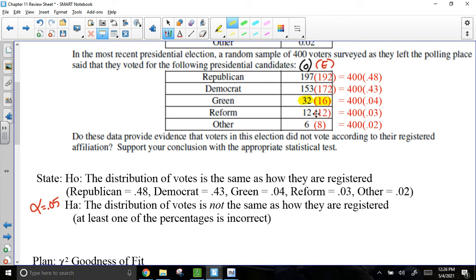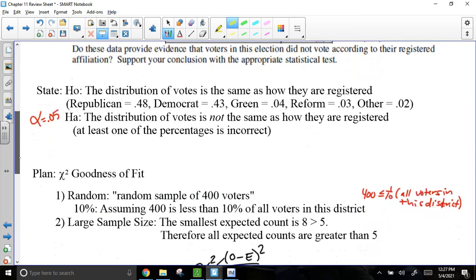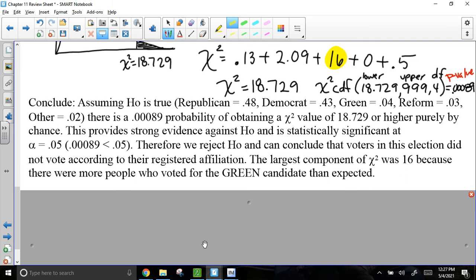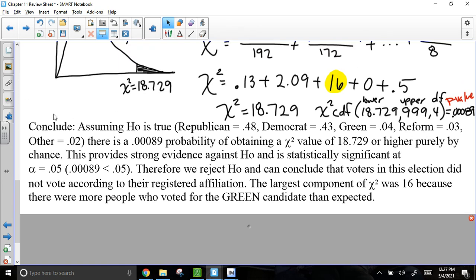So that's exactly what you say in that last sentence. The chi-squared test statistic is largely affiliated with green, because those who voted for green was much higher than what we expected. That's exactly what I said here: the largest component of chi-squared was 16, and that's because there were way more people who voted for the green candidate than expected. So there is your goodness of fit. Okay, let's go ahead and go on to the next question.